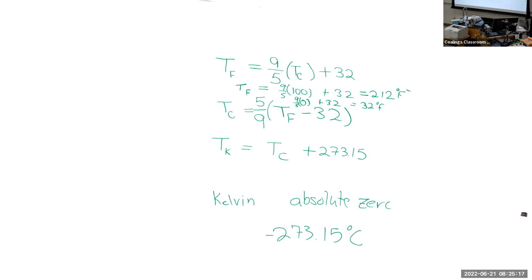Okay, do you see how to use the equation? You need to be able to convert from Celsius to Fahrenheit, or Fahrenheit to Kelvin. There's one more, it's called Rankine. Rankine is based upon absolute zero, but that's for Fahrenheit. In the US only engineers use that, so I'm not gonna make you do it, because most of you aren't gonna be engineers.